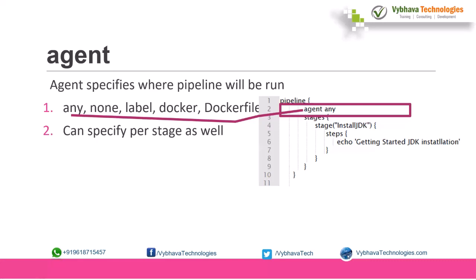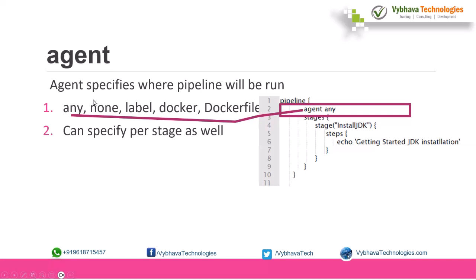Then we can use a Dockerfile, where you use the complete set of pieces which will help to build the Docker images. There are different options again when you are working with Docker. Multi-stage is one of them that we will discuss at the time of Docker. Now, the options when working with agents are any, none, label, and Dockerfile.